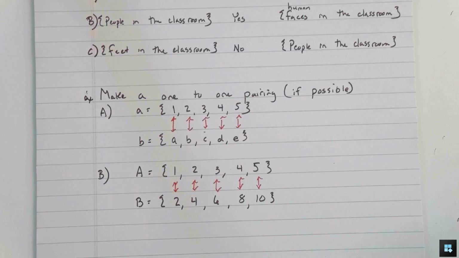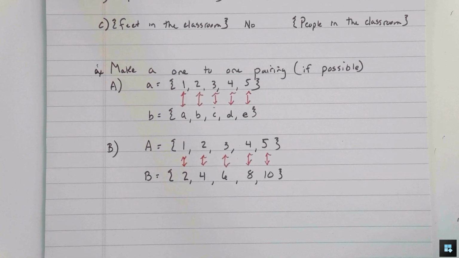So what we've been looking at is how to tell if two sets are the same size by lining them up 1 to 1. So let's write down what we've been doing.